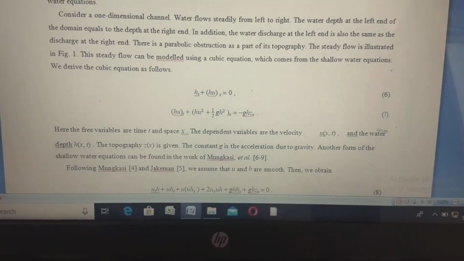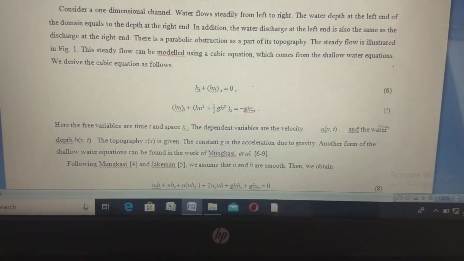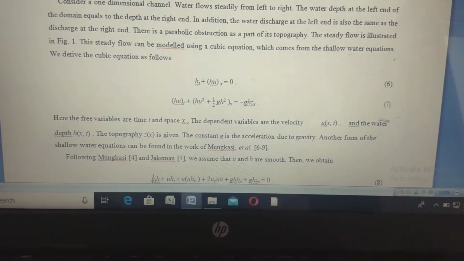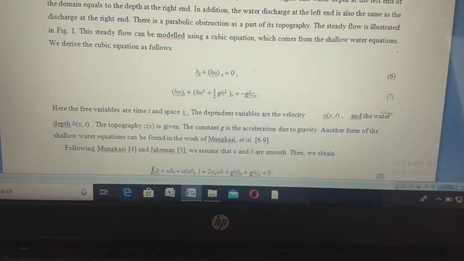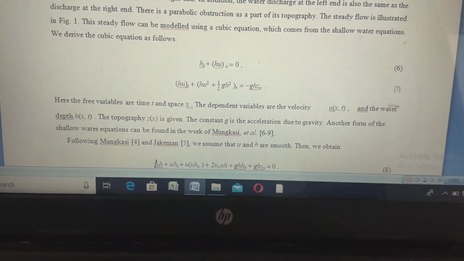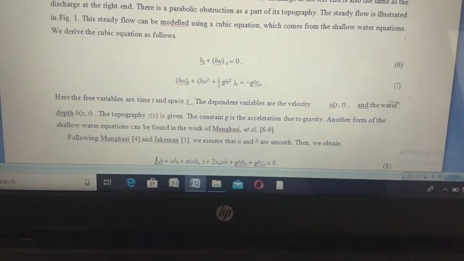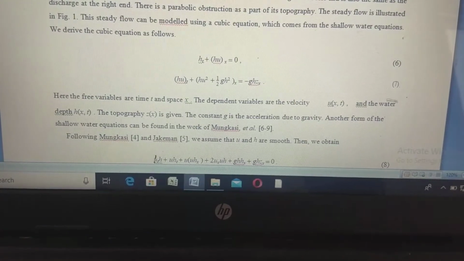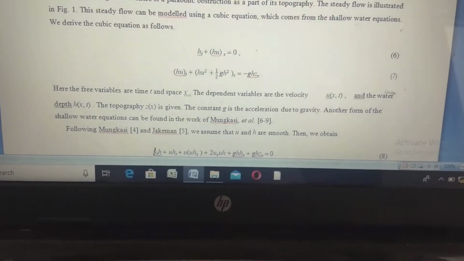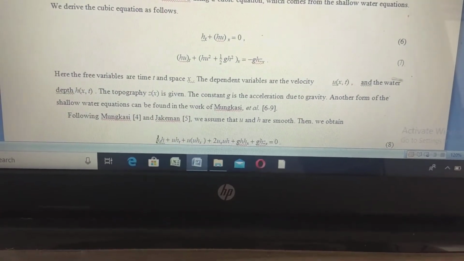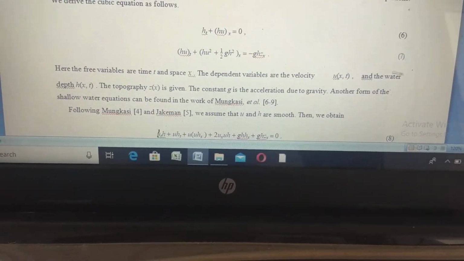The steady flow can be modeled using a cubic equation which comes from the shallow water equations. We derive the cubic equation as follows. h_t plus (hu)_x equals 0, (hu)_t plus (hu^2 plus 1/2 g h^2)_x equals minus g h z_x. Here the free variables are time t and the space x.